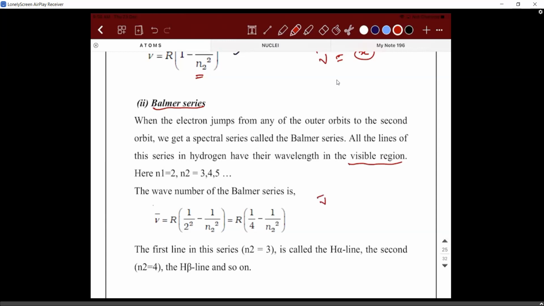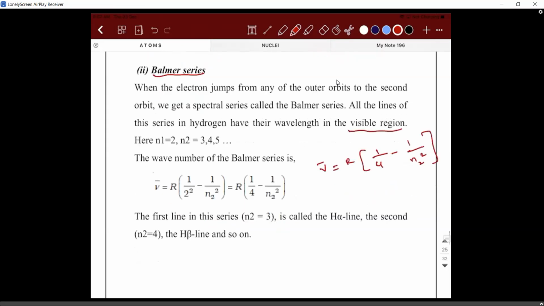So what will be the formula? U bar is equal to R into 1 by n1 square, n1 is 2, so 2 square is 4, minus 1 by n2 square. n2 can be any number greater than 2.